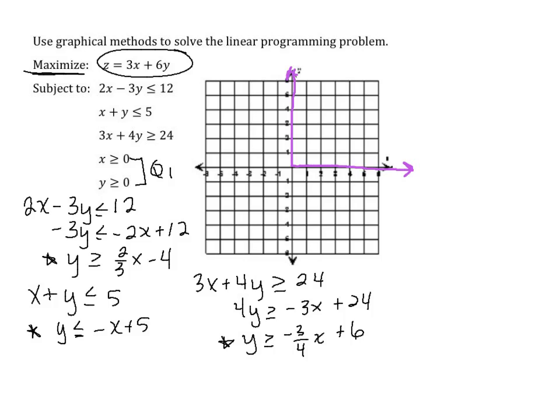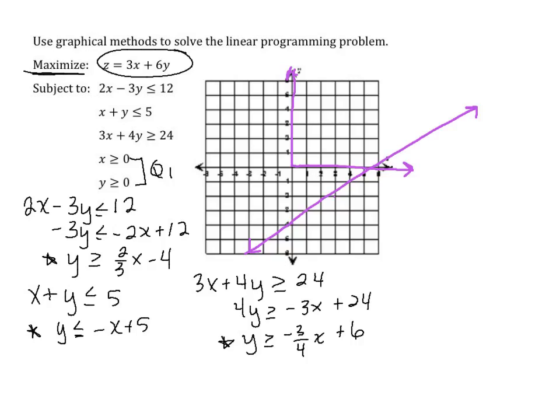Okay, so if we start at negative 4, we have to go up 2 to the right 3, up 2 to the right 3, something like this. And we want to shade above this line, so we're still in the first quadrant.